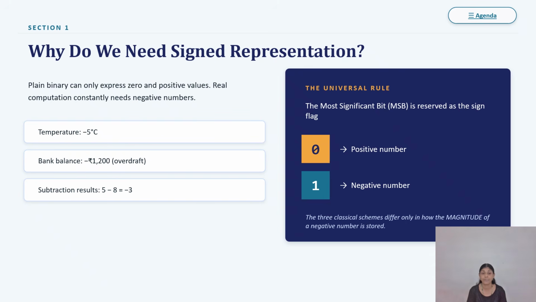That's why it is a must that we need a signed representation. In the signed representation, there is a universal rule. That universal rule I have given: the most significant bit is reserved as a sign flag, and the values are 0 and 1, for positive number as well as negative number.